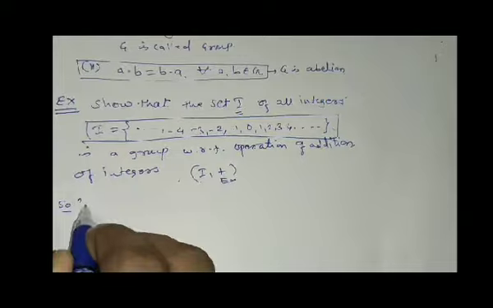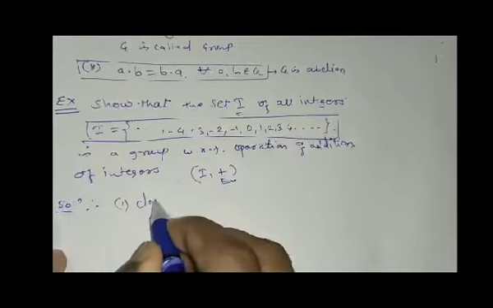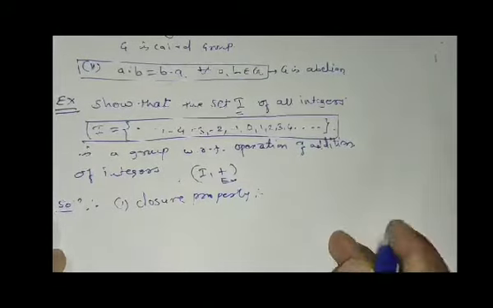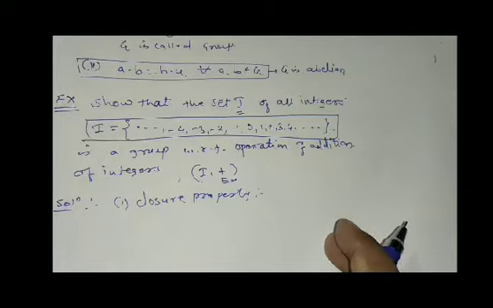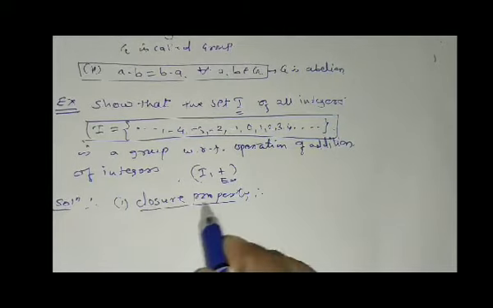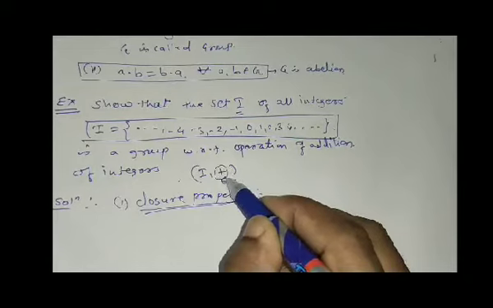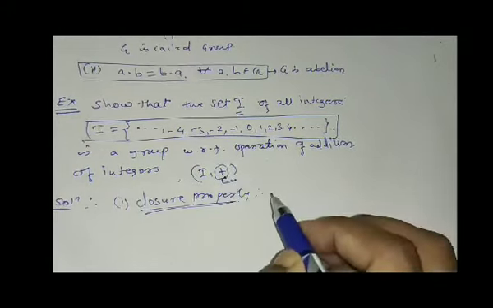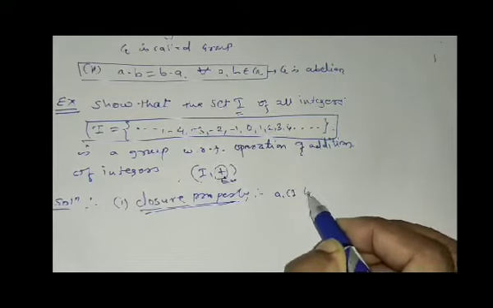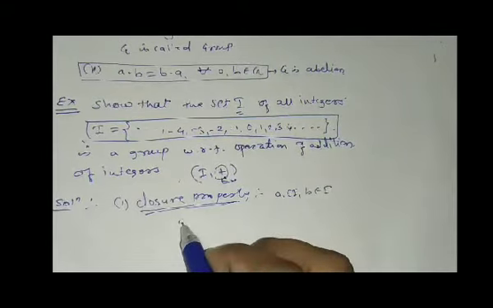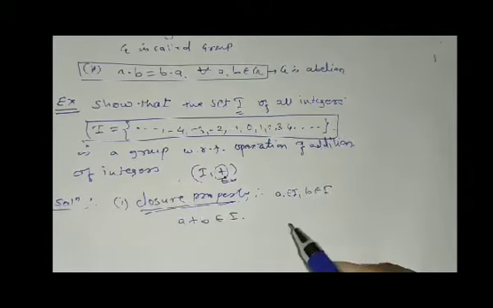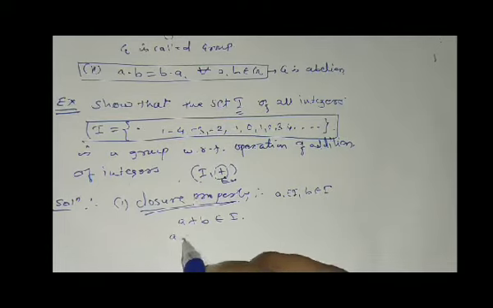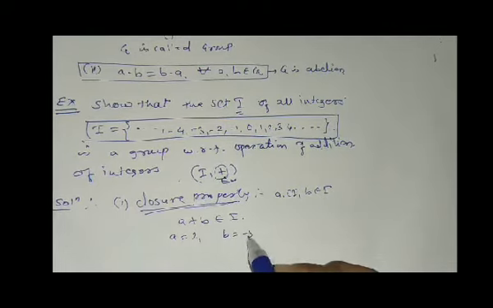So the solution is that first we have to show the closure property. In closure property, that means addition of any two integers must be an integer. If a is any integer and b is any integer, then their sum a plus b must be an integer. You can choose a particular example. Suppose I take a is equal to 2 and b is equal to minus 5.